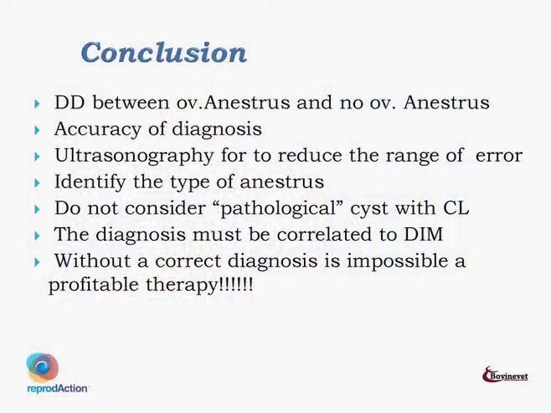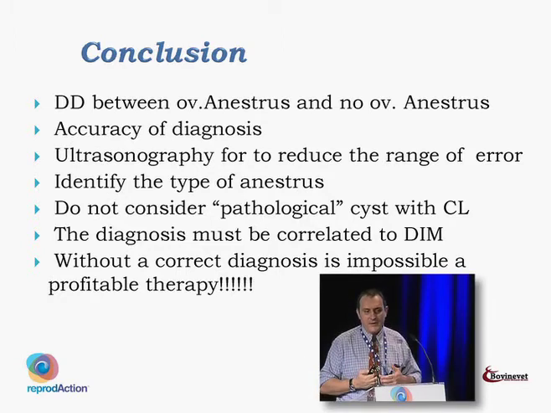I believe that the most important thing is to be able to distinguish between true anaestrus and untrue anaestrus. Unfortunately, 70% of the cows that we are not able to see in heat are untrue anaestrus, and the problem is not because we have a problem in the follicular waves, but because there is a very, very poor efficiency of the heat detection.